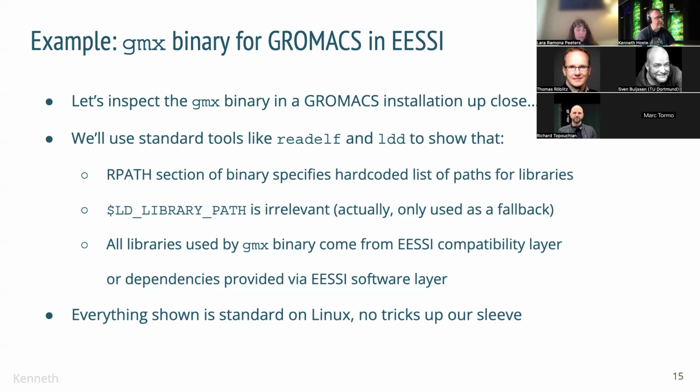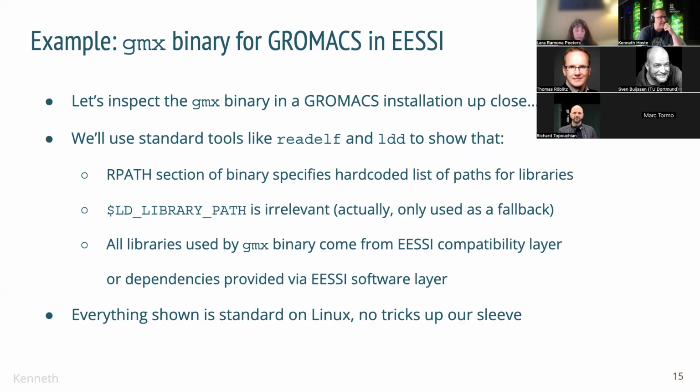So what we want to do is take a closer look at the binary specifically and see how it's able to find all the libraries that it needs in order to run. For this, we're going to use standard tools like readelf and ldd to inspect the binary and see how it's constructed so it actually works on any Linux distribution.